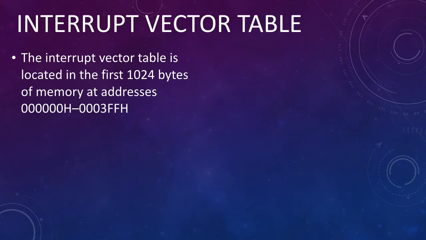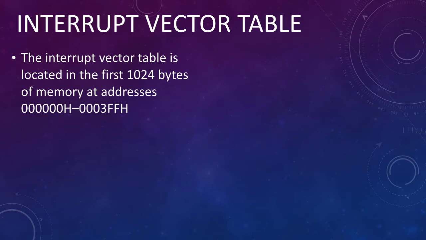So the table gives the memory address or vector address for all interrupts. Whenever any interrupt is received by the processor, the corresponding subroutine address is copied from this table onto the address bus, and thus the control is transferred to that subroutine.